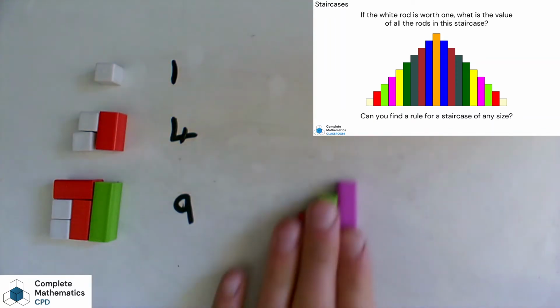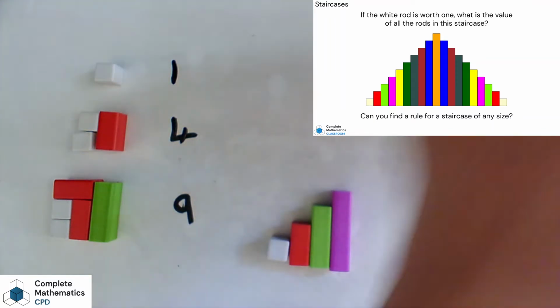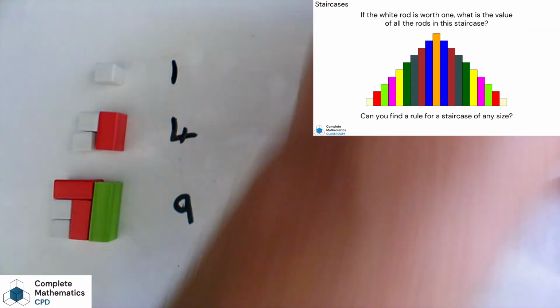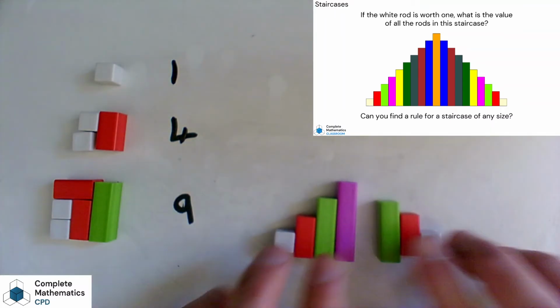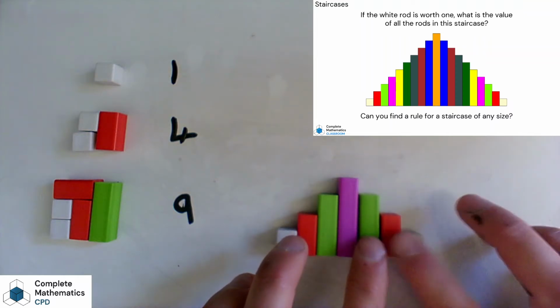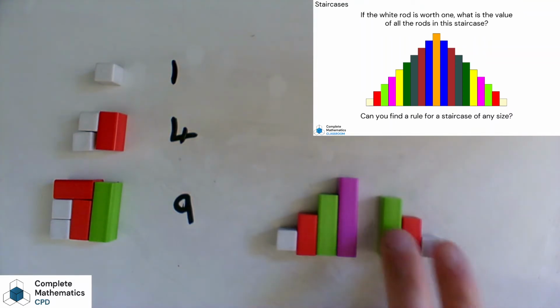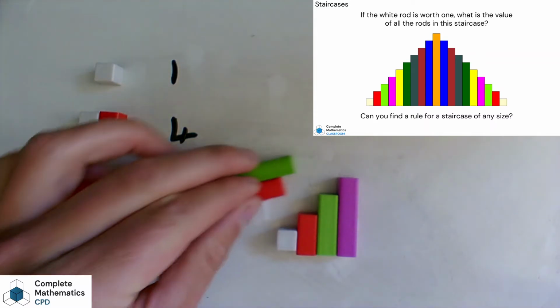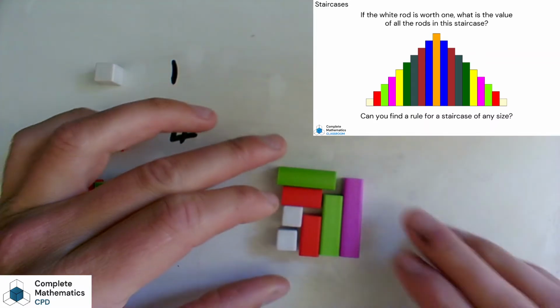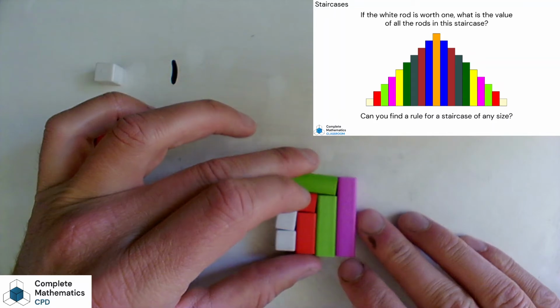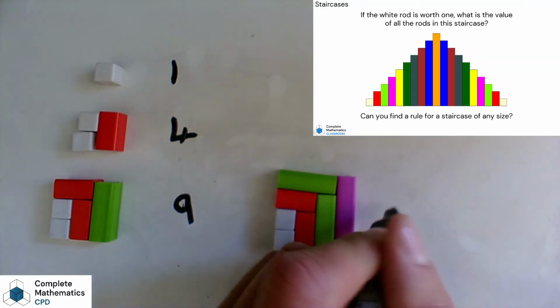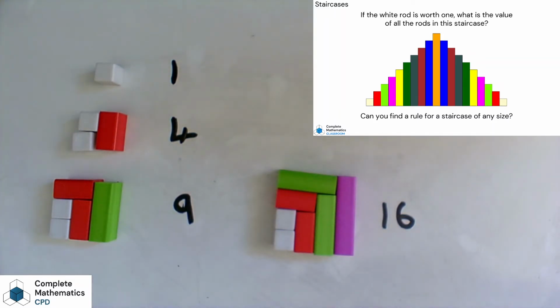And then we go back down the other side, 3, 2 and 1. And then it appears to be the case that the down part of the staircase we can always remove, and with a little bit of rearrangement we can make a square. So it appears to hold. We've got this answer of 16 here.